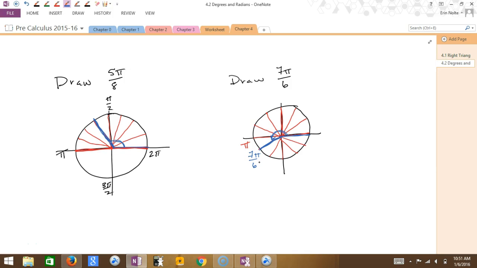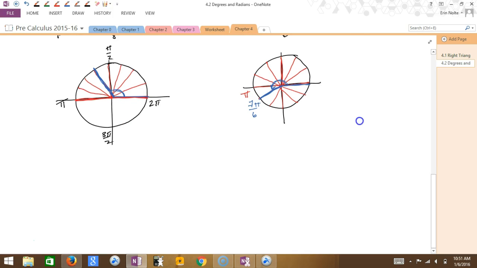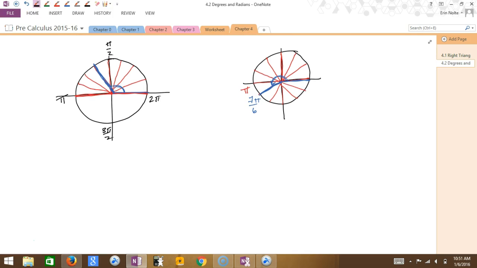Okay, so do I need to do an example where you potentially can go all the way around the circle and then further than that? Okay, so let's say we have, let me just make a really easy one, like 7 pi over 2.